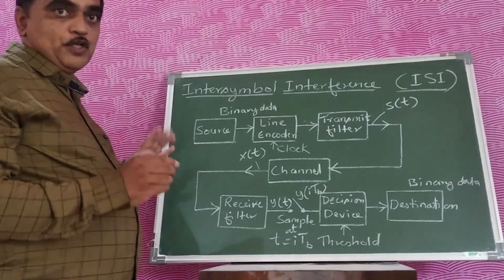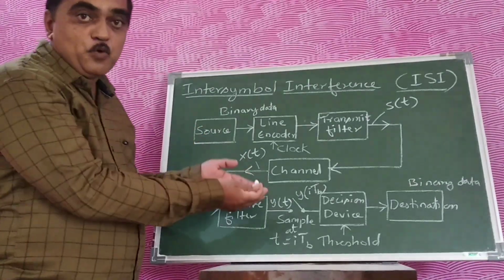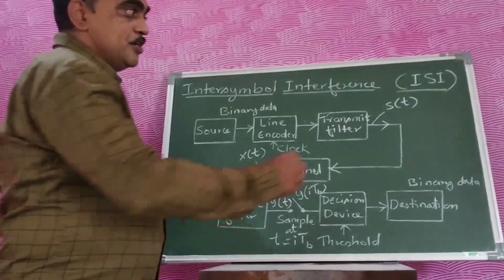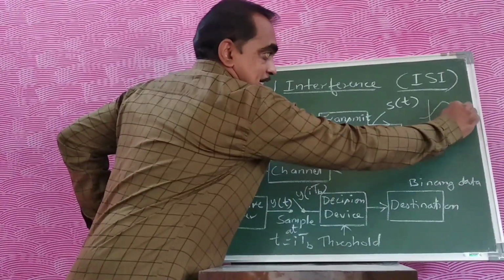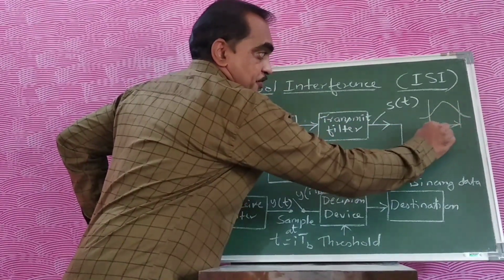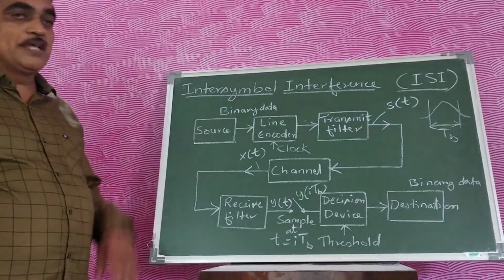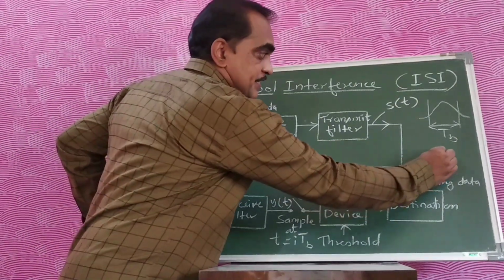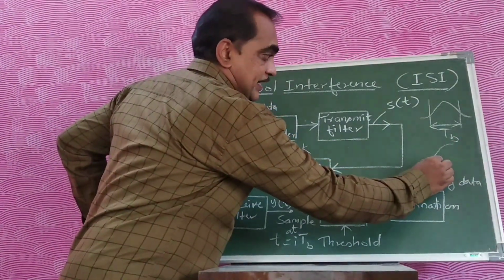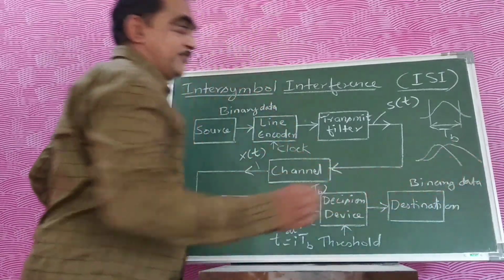Say for example, if it is logic 1, what I am going to expect at the end is that logic 1 should look like this in terms of the signaling rate TB. Logic 1 should look like this. But what will happen is the earlier pulse signal and the second pulse signal will get overlapped like this.